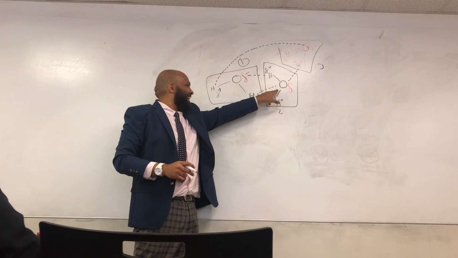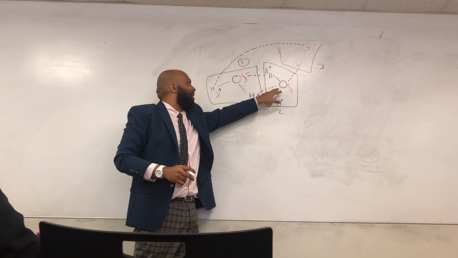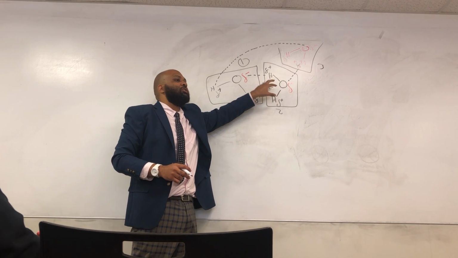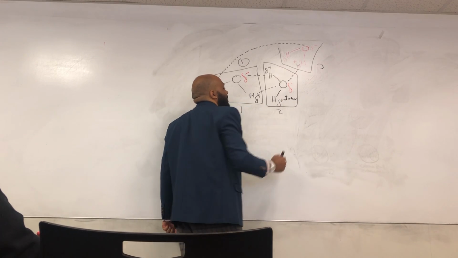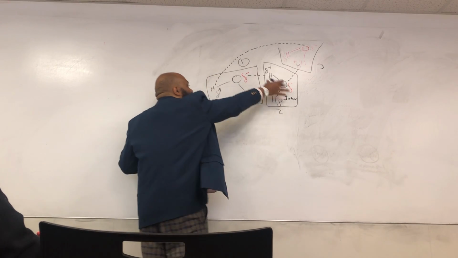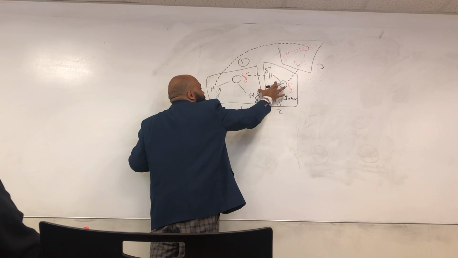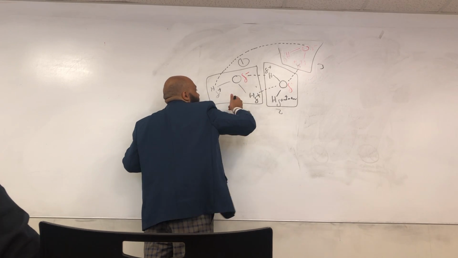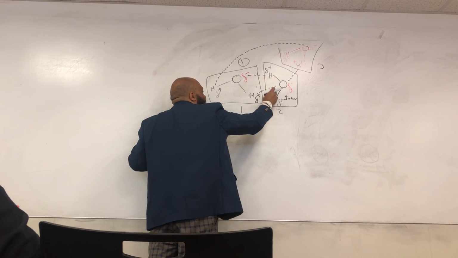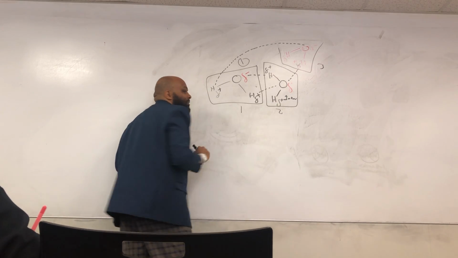The covalent bonds are intramolecular. But when they bind with each other, that's intermolecular. And they bind to each other with hydrogen bond intermolecularly. And inside themselves, they have a bond that is intramolecular, that's covalent bond.